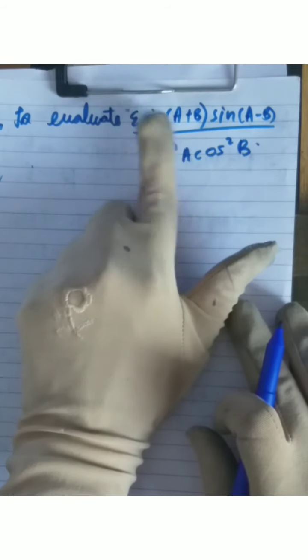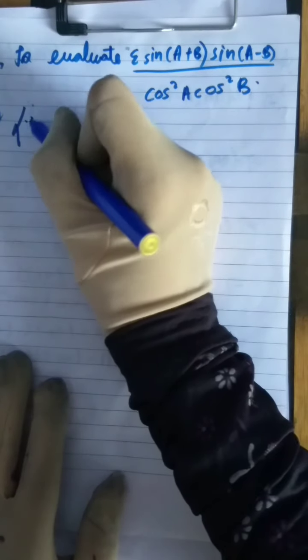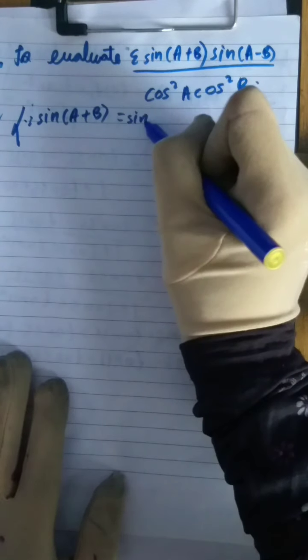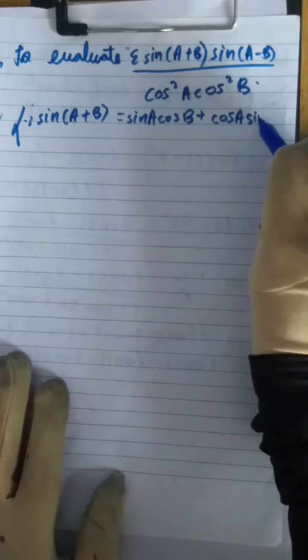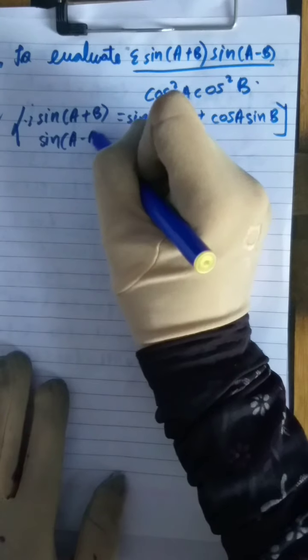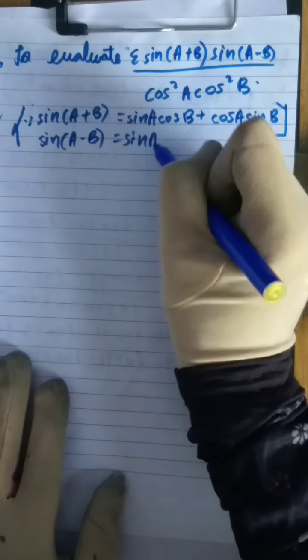We know we have a formula of sine a plus b as sin a cos b plus cos a sin b. And if we observe here, we also have sin a minus b, and we know we have a formula of sin a minus b as sin a cos b minus cos a sin b.